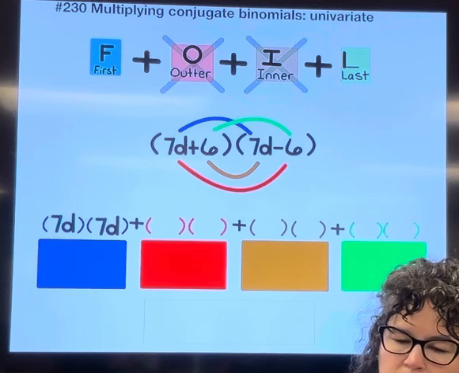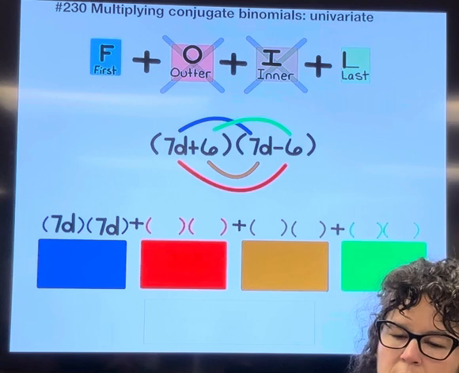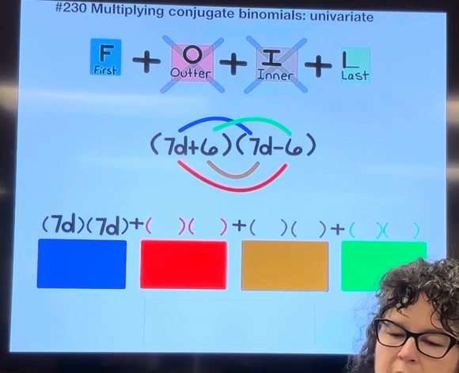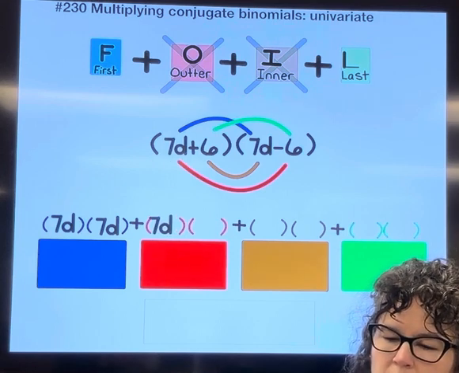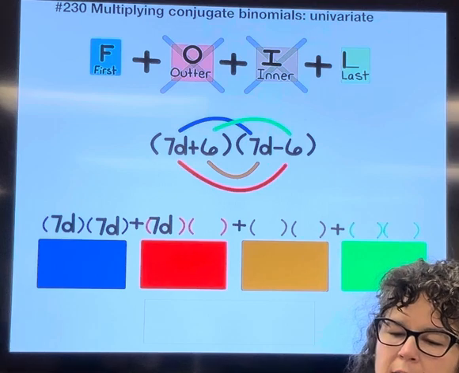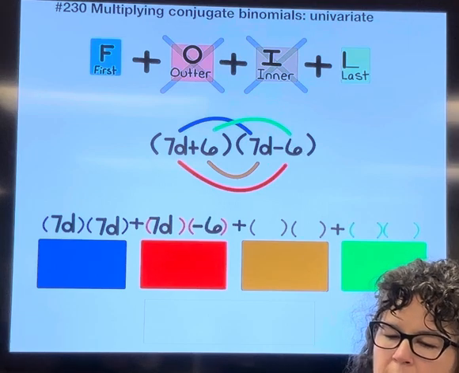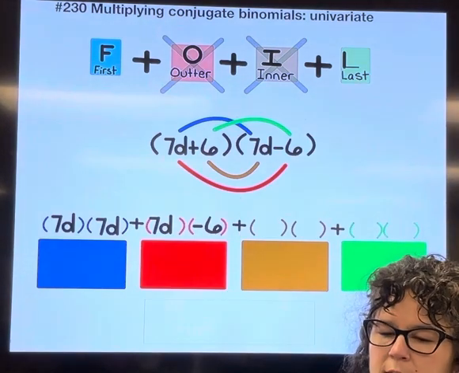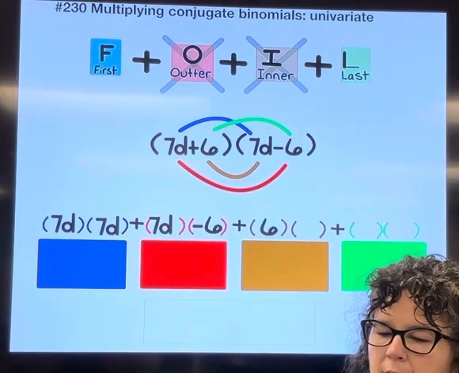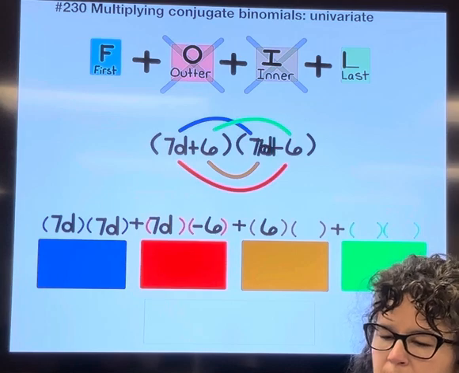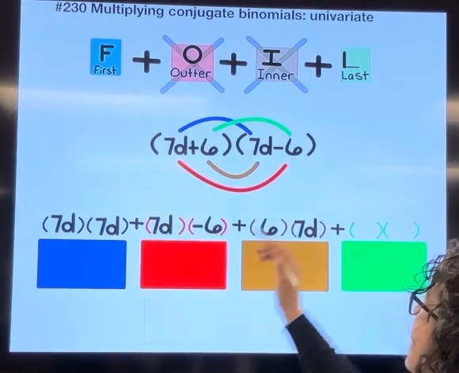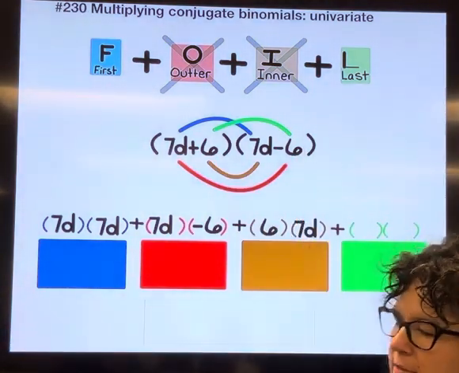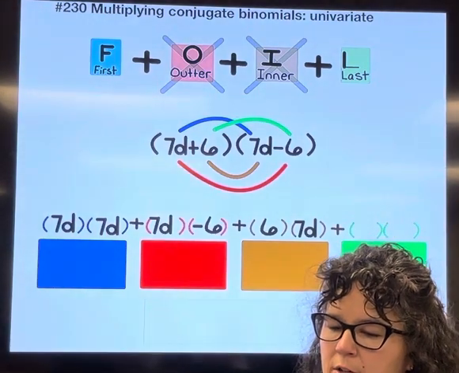Okay, so first times first, outer, so that's the 7D, the red one's connecting those, 7D and -6. And then the ones on the inside here are 6 and 7D. And then last, 6 and -6 are on the end there.